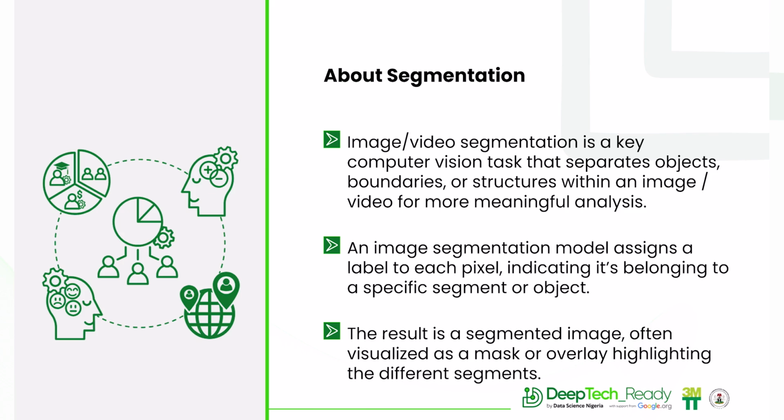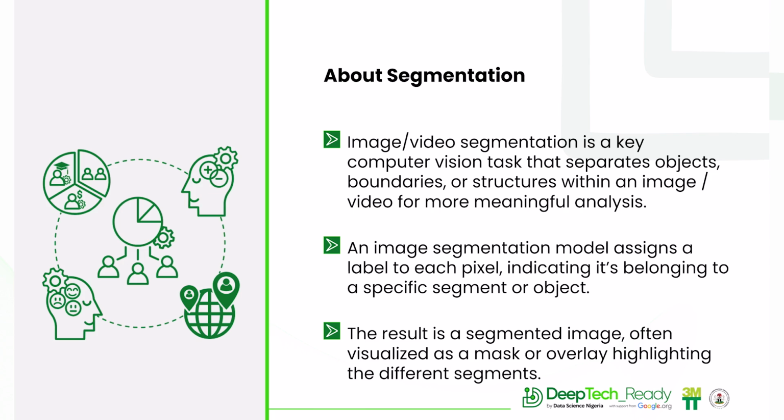You are trying to classify every pixel in an image as belonging to a specific segment or object. That is what a segmentation model is all about. A segmentation model is so good that it is able to distinctly identify each pixel and separate them into the objects they belong to, indicating that this is this segmented object, distinct from this other segmented object, and this other segmented object.